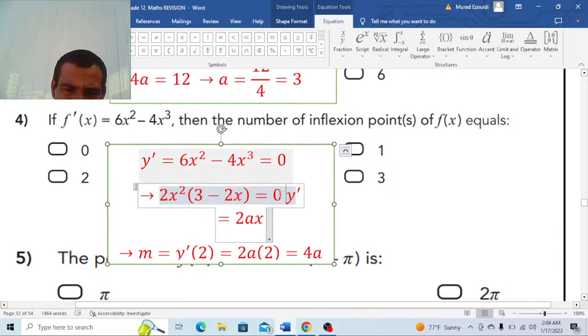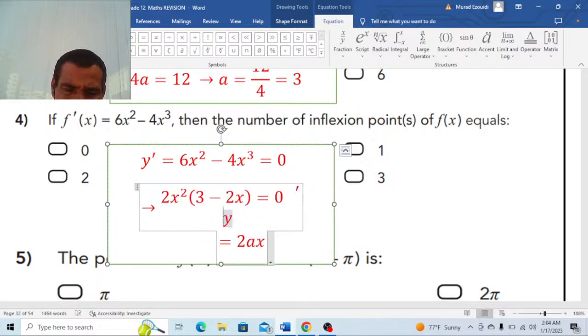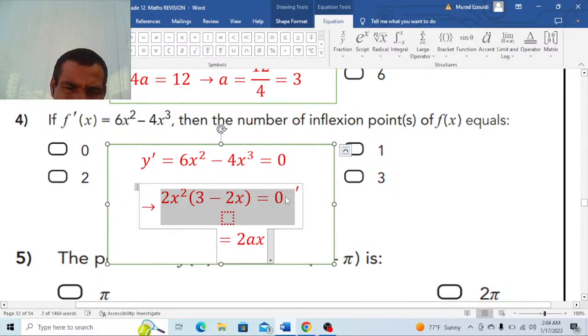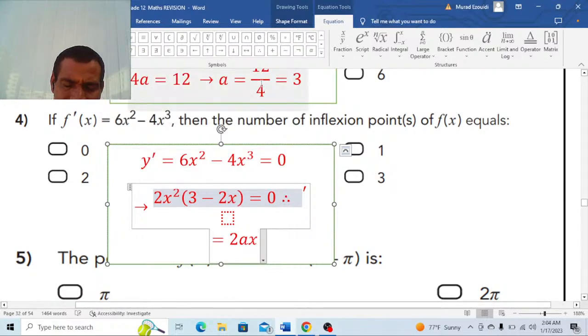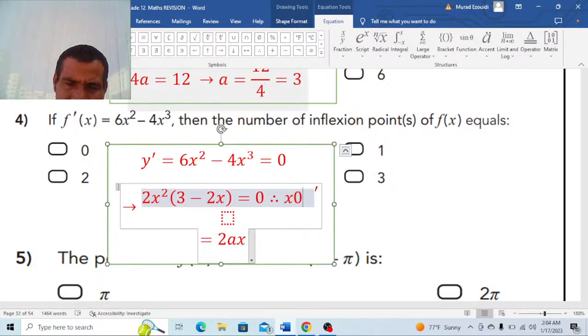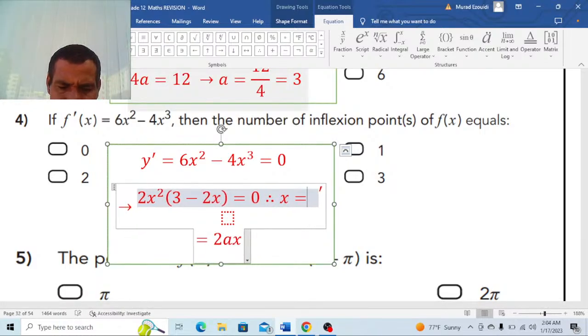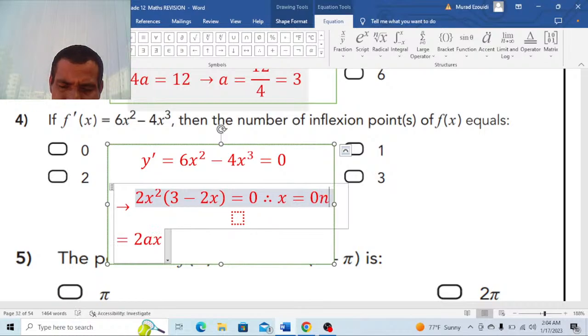Equal to 0 means what, learners? It means that if x squared is 0, therefore we have a double root, which is x equals 0.